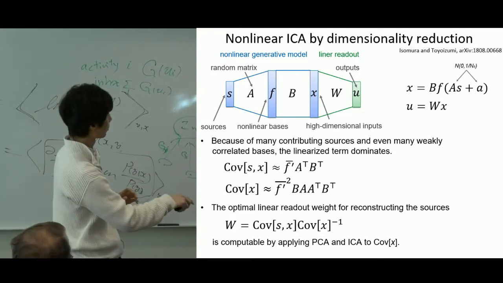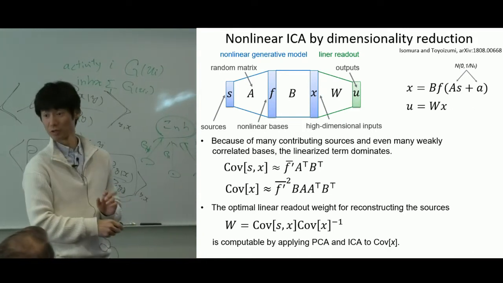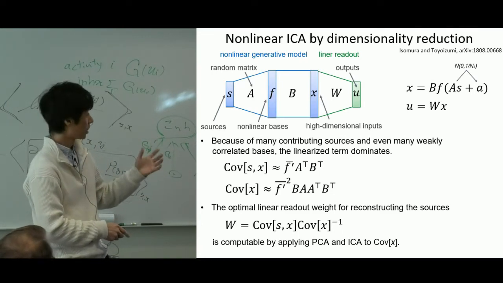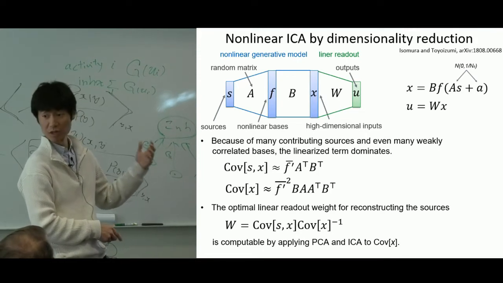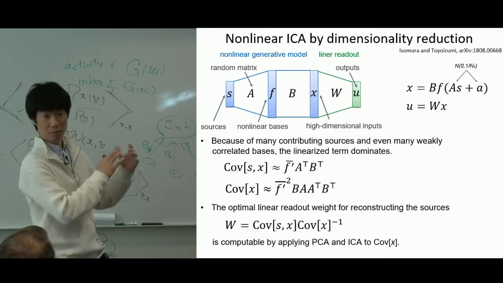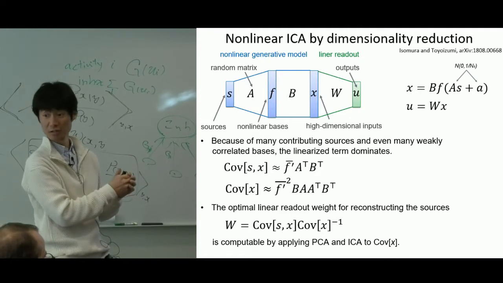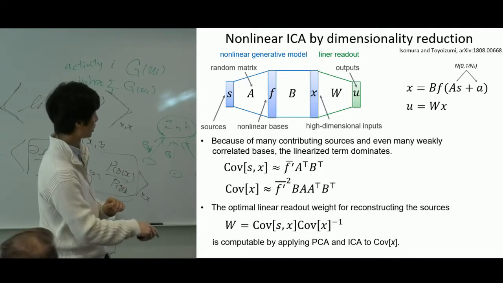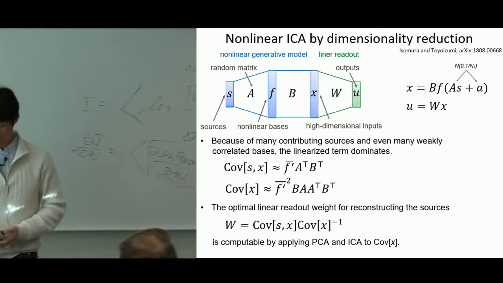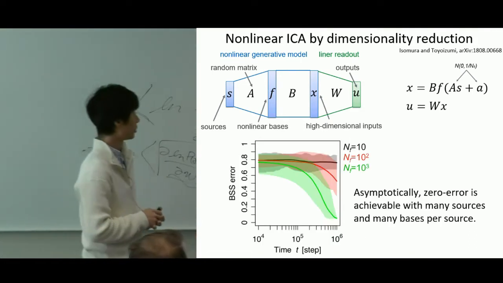So basically you get this covariance of S and X with a multiplication of an orthogonal matrix, which is undetermined. But that orthogonal transformation can be easily found by performing ICA, because only one orthogonal transformation gives back independent sources. Otherwise, they are correlated. So just by looking at this covariance of X, you can compute this optimal linear decoder, and that can extract nonlinearly mixed sources.